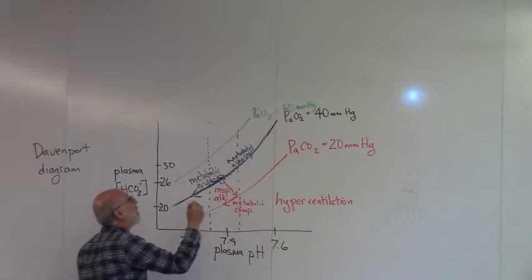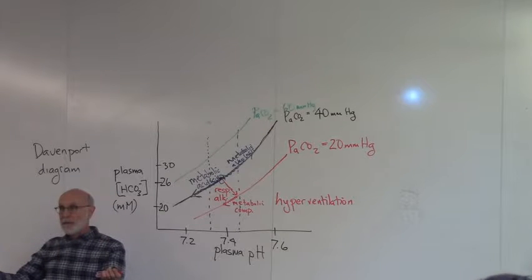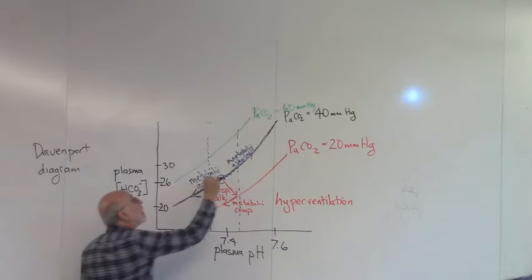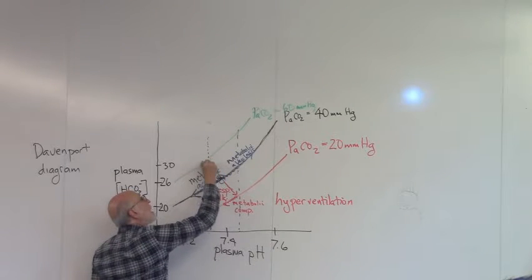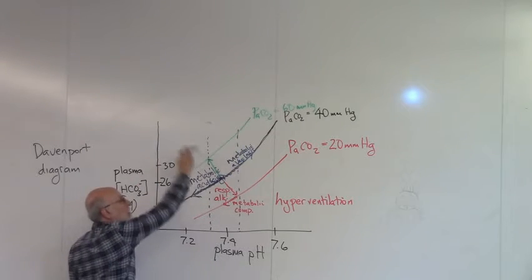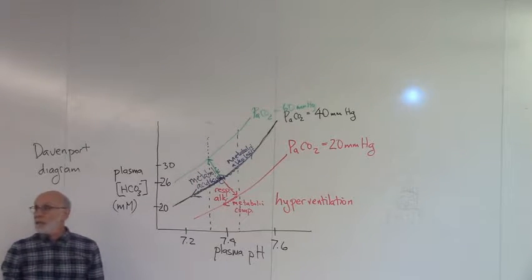So this movement here, if I ask you to hold your breath, to hypoventilate, your body would respond by moving along that arrow. The same buffer curve, but moving towards hypoventilation.